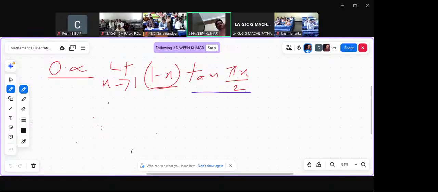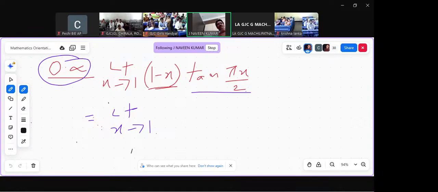So it is difficult to solve. 0 into infinity means indeterminate form. Now we can convert this problem into 0 by 0: limit x tends to 1, (1 minus x) by cot pi x by 2.